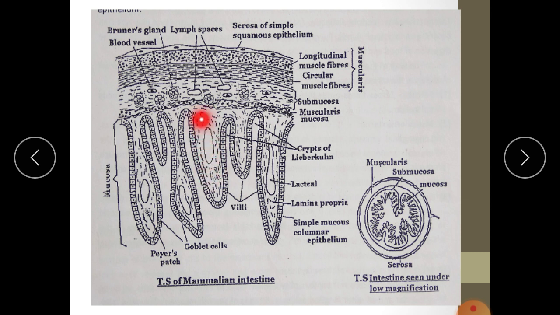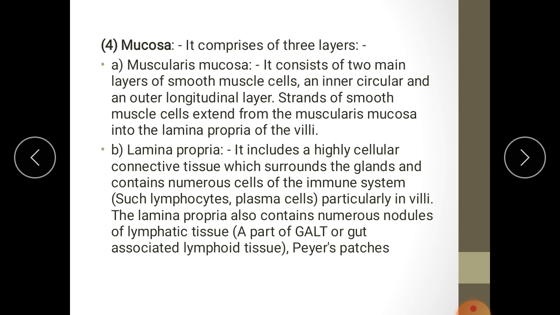Core of the villus is called lamina propria. Into the lamina propria, some muscle cells may enter.